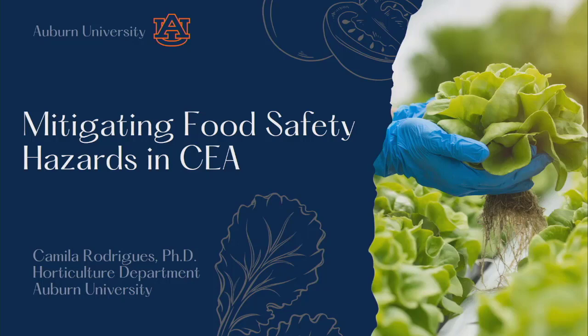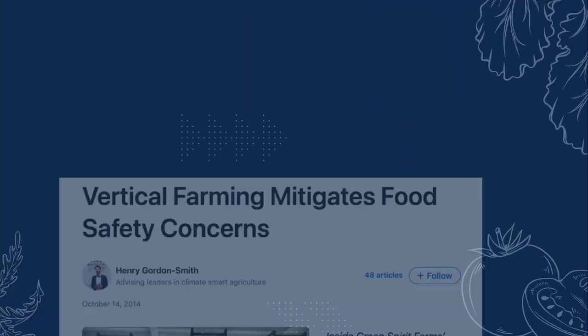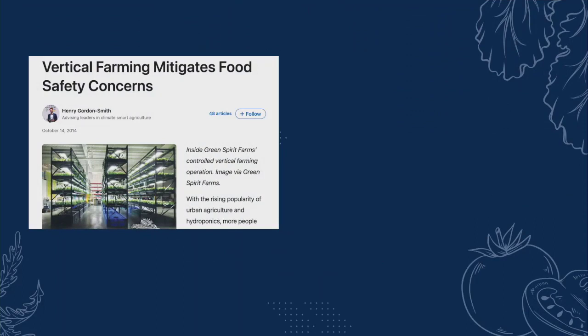Mitigating food safety hazards in CEA. We are all probably familiar with previous news about the outbreaks with E. coli in salad and romaine lettuce, and there was a question on whether indoor ag, vertical farming, hydroponic, or aquaponic systems were going to be safe.